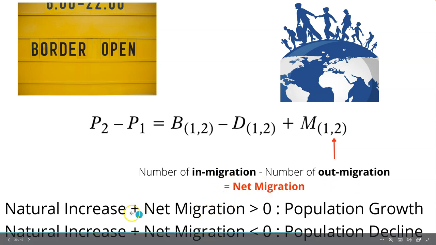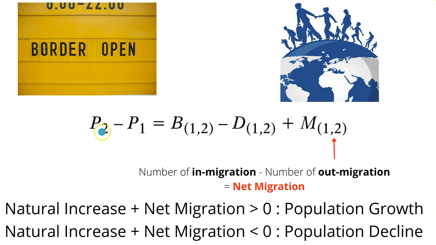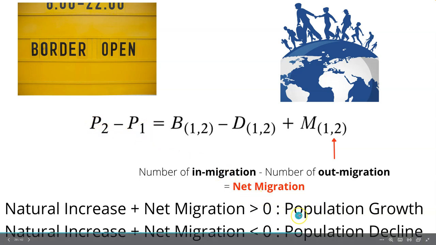So if the sum of the natural increase and net migration is bigger than 0, it means that the difference between time point 2 and time point 1 is bigger than 0, which means there are more people compared with the previous year.